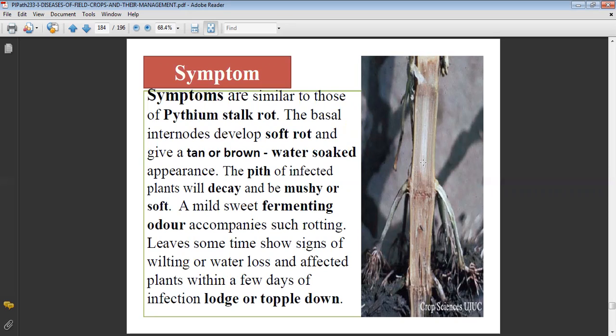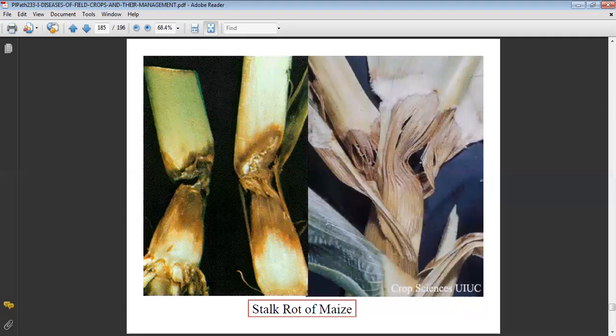As we all know, it is a rot disease. There is a sweet fermenting odor which accompanies this rot, and sometimes the leaf also shows signs of wilting or water loss, and the affected plant will topple down. The plant will fall down. So here you can see the leaf, and here is the top rot of maize.